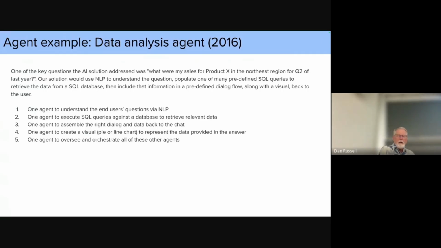So here's an example, a data analysis agent. This was made in 2016. And you can ask a question of this agent, a question like, what were my sales for this project in the Northeast region in Q2? And then this data analysis agent would break it down into these 5 steps to do X, Y, and Z, right? Do all of that.